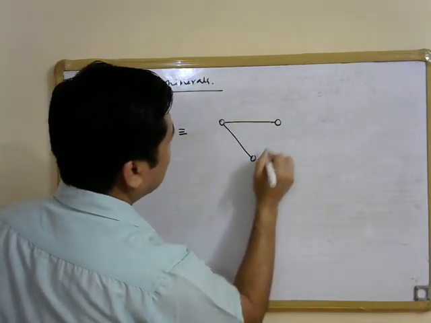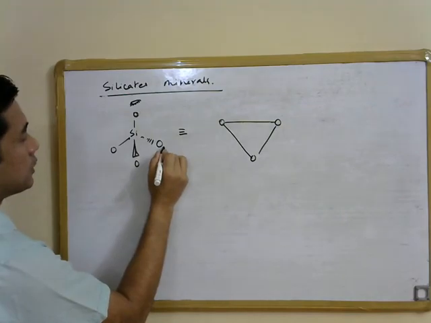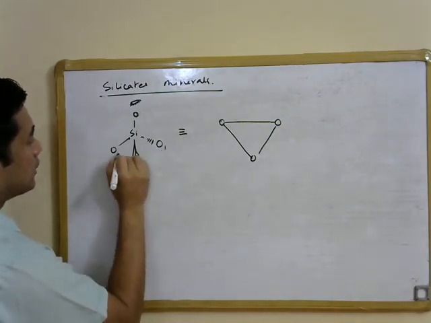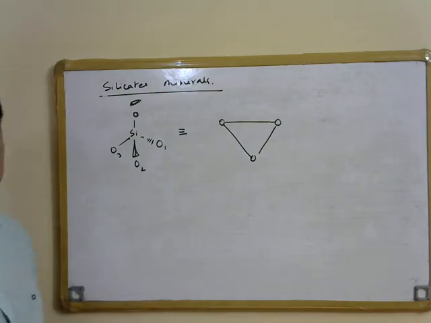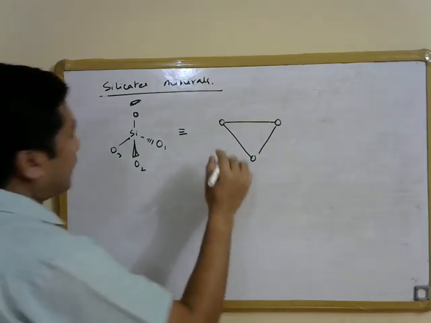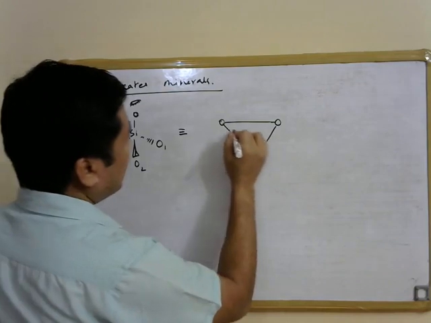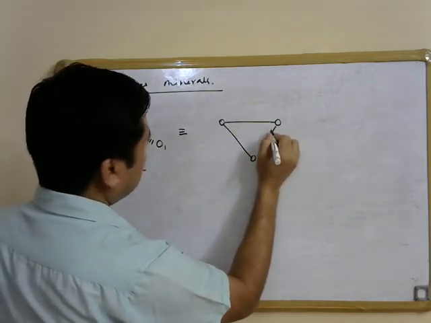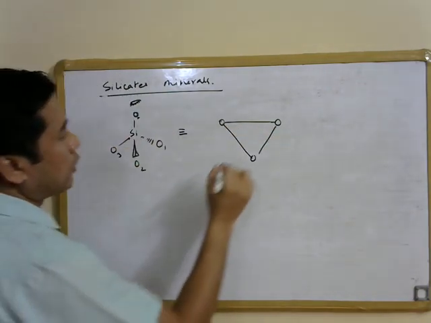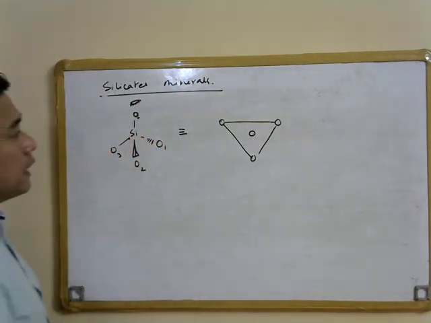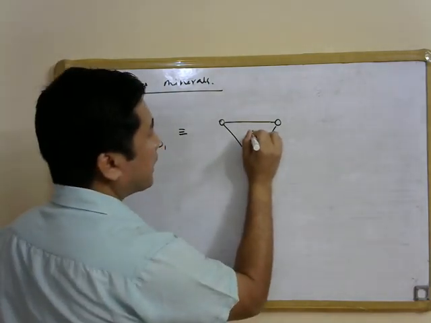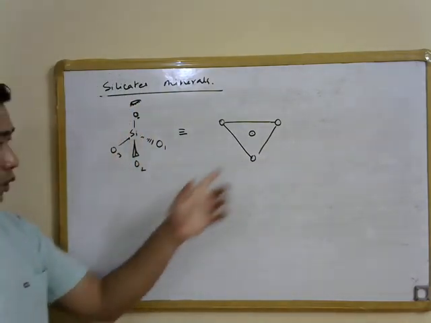For the 3 oxygen atoms here, say 1, 2, and 3, will essentially form the base of the triangle here, and this oxygen atom over here is going to be on top of this triangle, and the silicon atom is going to lie exactly below this top oxygen atom.